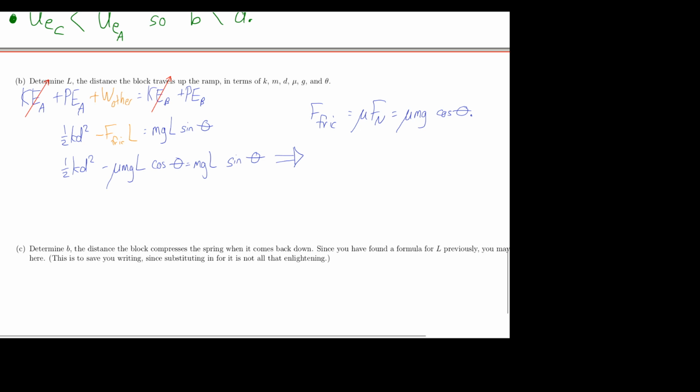Solving this for L, we get L equals 1/2 kd squared divided by mg sine theta plus mu mg cosine theta.